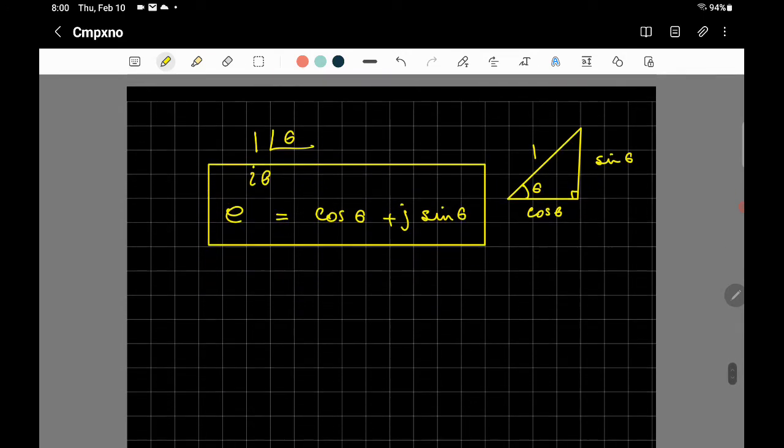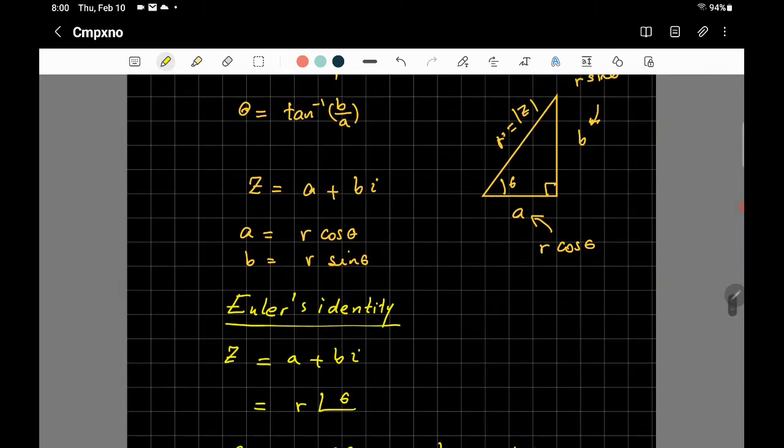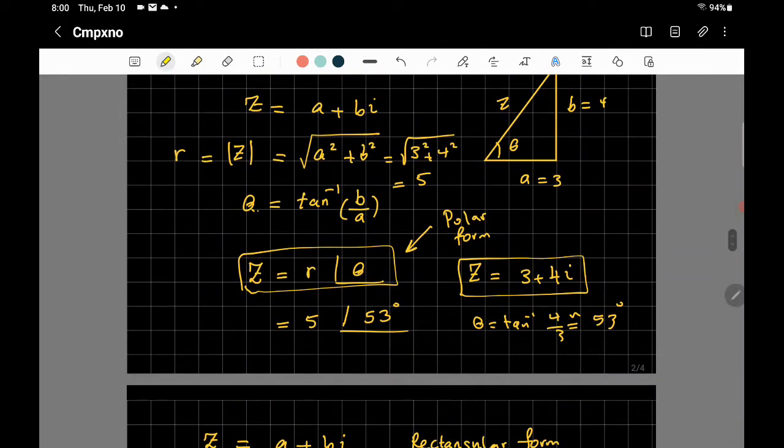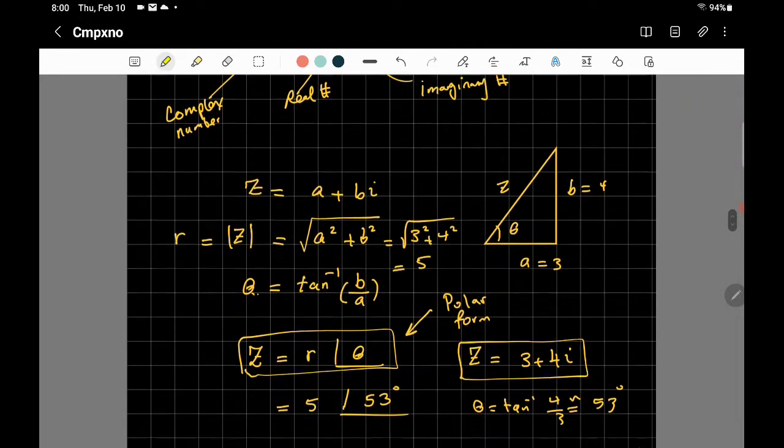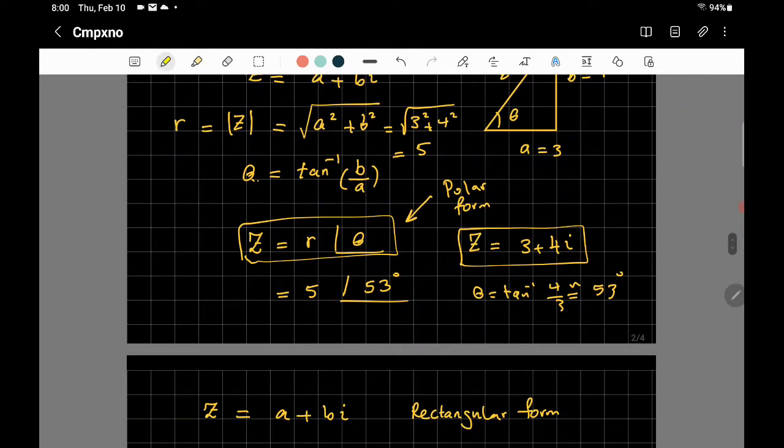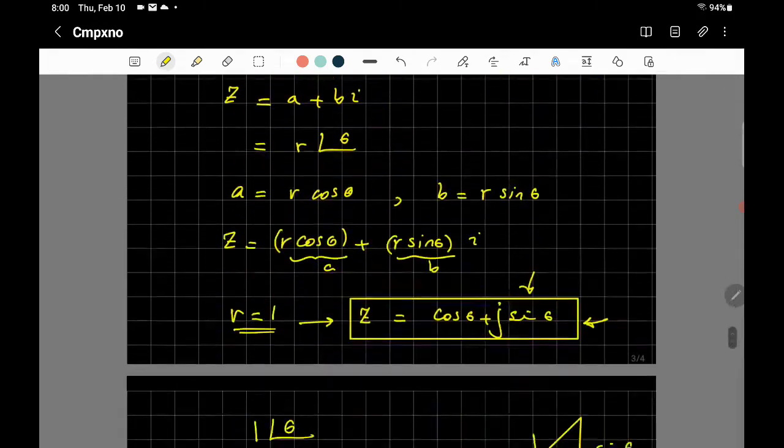Now the example that we did before, where we converted from Cartesian to polar, we said it's equal to 5 and the angle 53. That can be written like this.